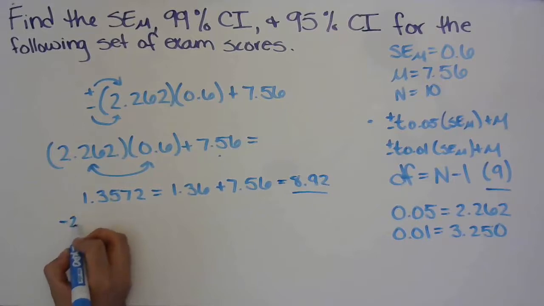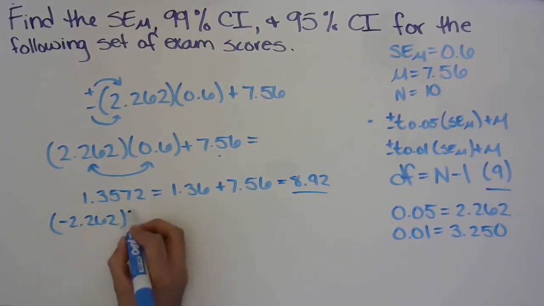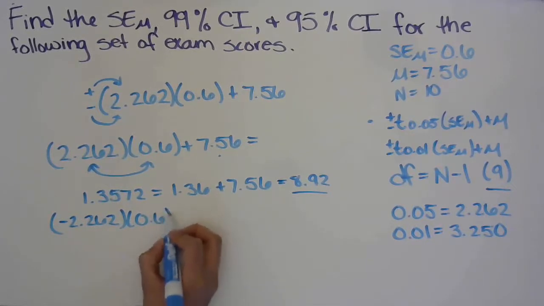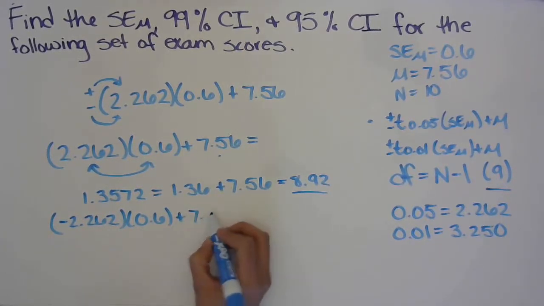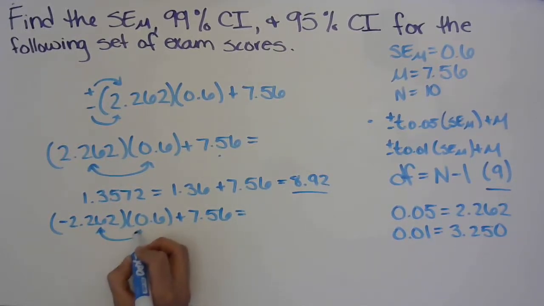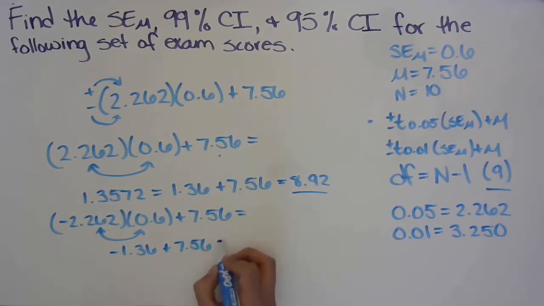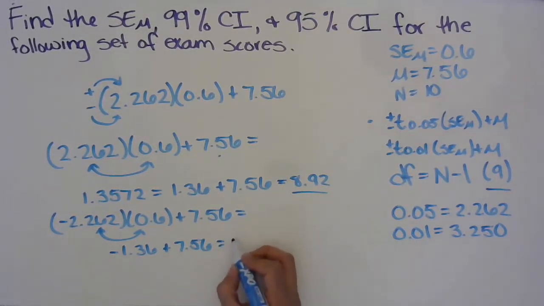So negative 2.262 times 0.6 plus 7.56. Okay, multiply these first. That's going to give us a negative 1.36 plus 7.56, and then that is going to give us a value of 6.2.